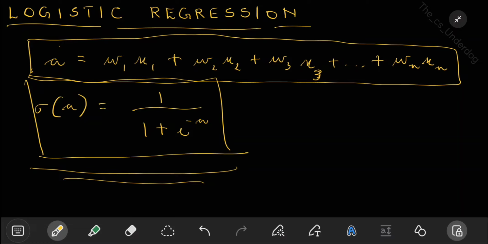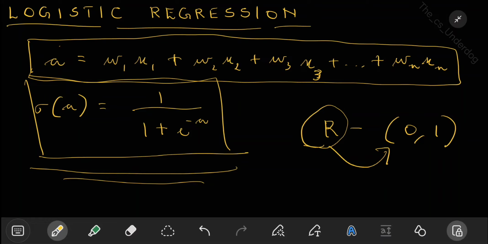Because the sigmoid function, or the logistic function, maps any real valued number into the interval 0, 1. That is, it will take a real valued number and map it into some value between 0 and 1. What is the benefit? Because of it, it is suitable for modeling probabilities. Here, when you want to determine class, you want probability. That is, you want the value to be between 0 and 1.